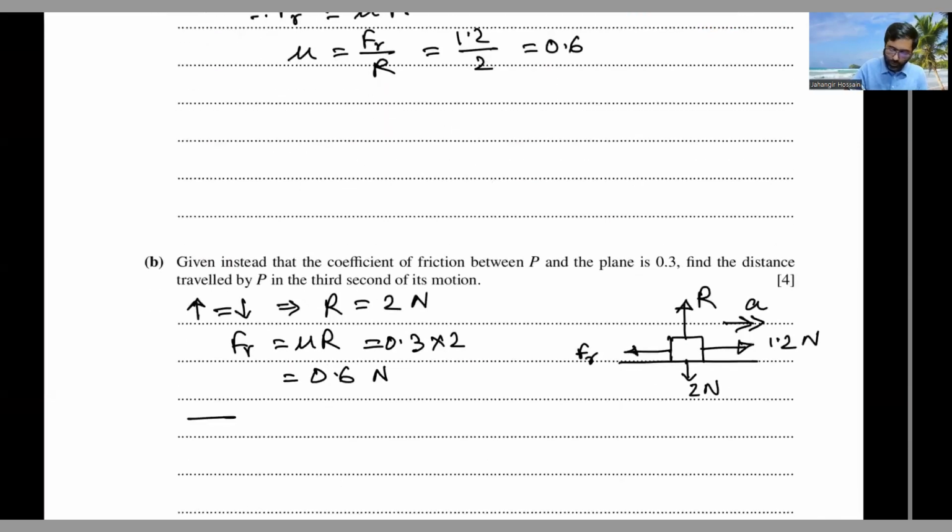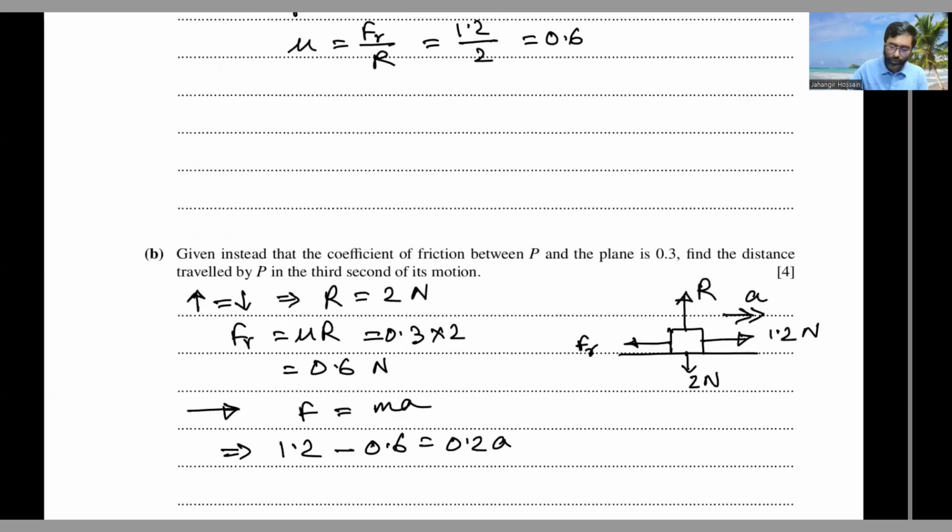Now, if you consider the horizontal direction, there is a resultant force, so Newton's second law applies. If you apply Newton's second law, it is force minus friction equal to m into a, 0.2 a. So a is 3 meter per second square.